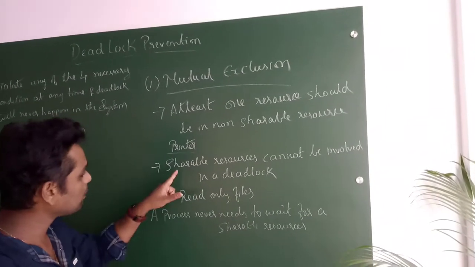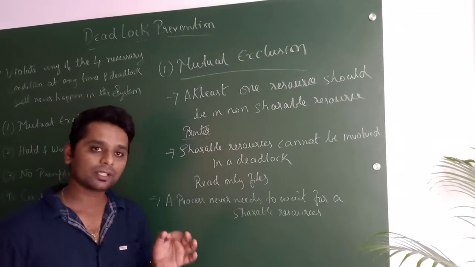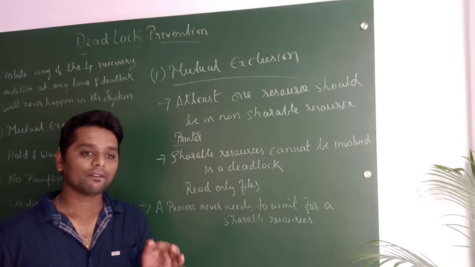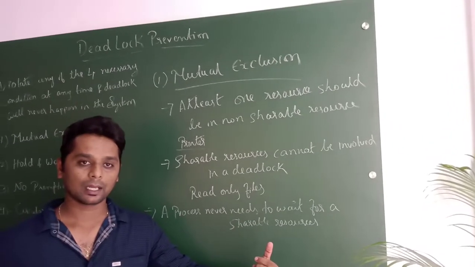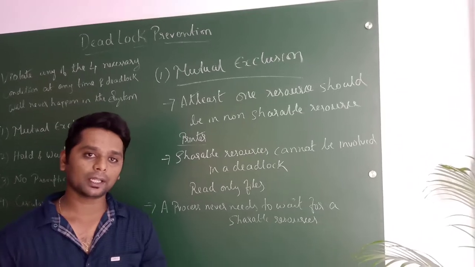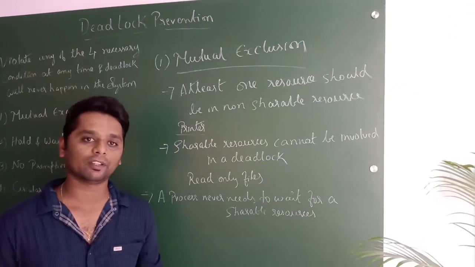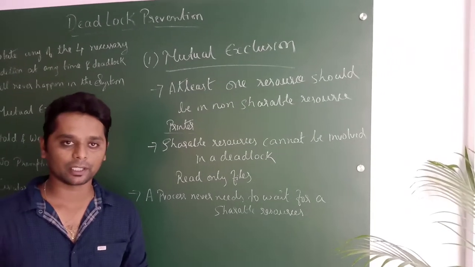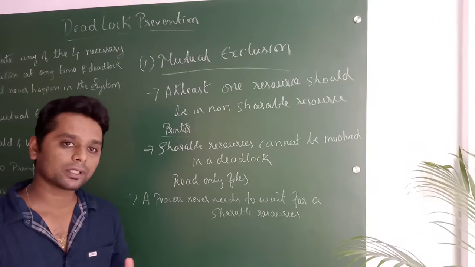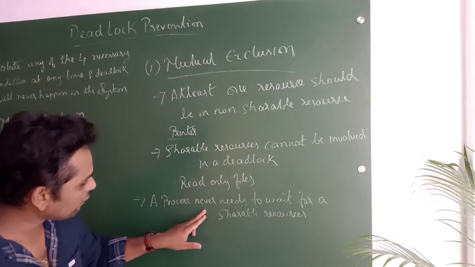The best example of a shareable resource is read-only files. Whenever multiple processes are accessing read-only files, all of them can access simultaneously without waiting for that shareable resource. So no process ever needs to wait.